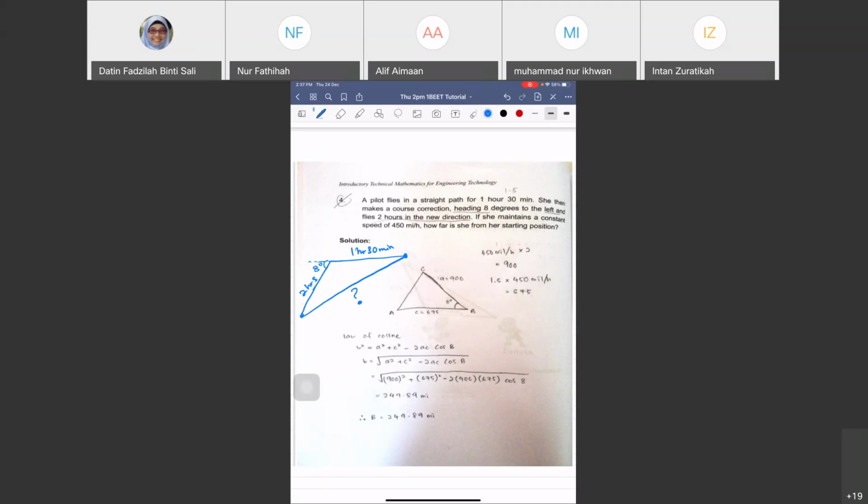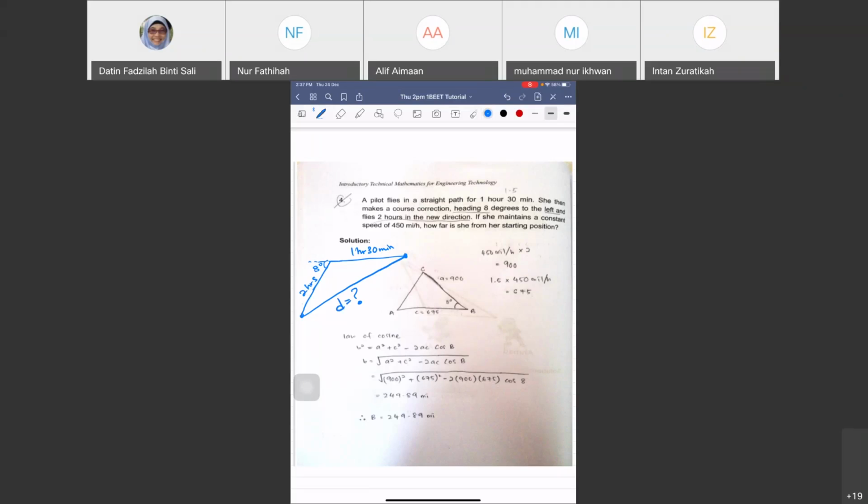So basically, what we want is this. What is that distance? If you want to label, you can, or you can just put this as distance d. What is d? This is what you want. So that's the diagram.